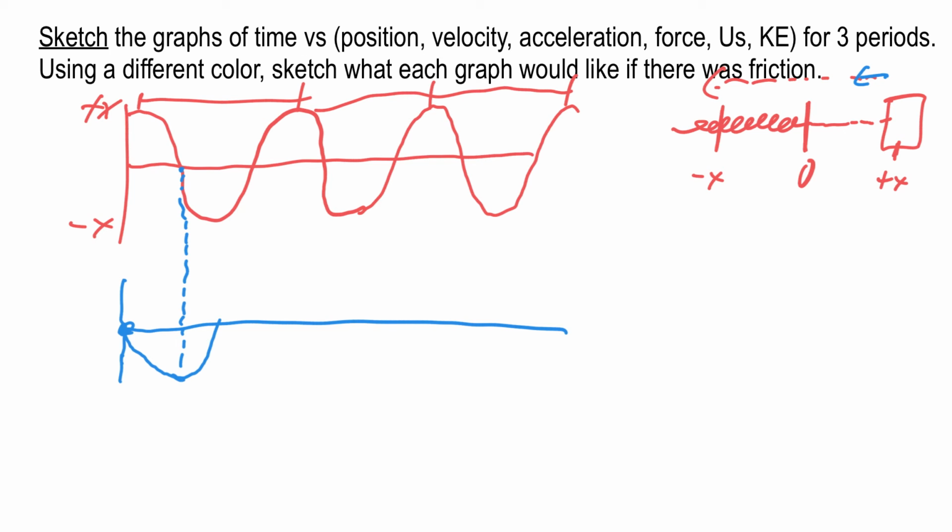And then when x is maximized, that's when our velocity is going to be 0, right? So we'll just try to follow this along and try to keep it consistent with this graph. There we go.